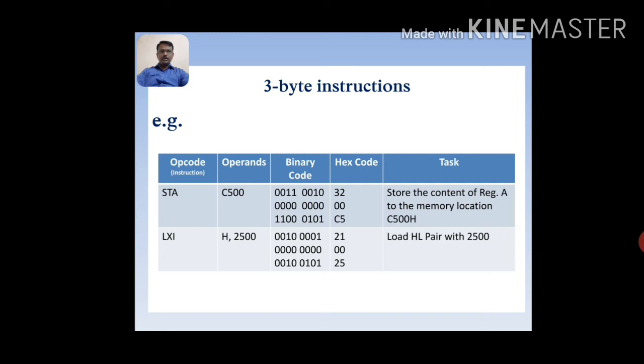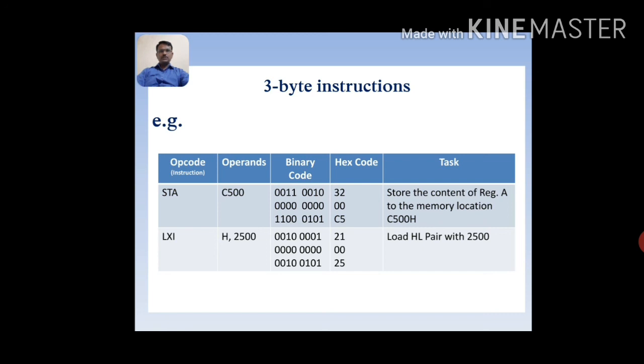One more example, LXI H, 2500. When this instruction executes, the HL pair will be loaded with 2500, meaning after execution of this instruction, the content of L will be 00 and the content of H will be 25. So LXI has an opcode, that is 21. This single byte suggests the operation to take place, and the remaining is the 16-bit data.